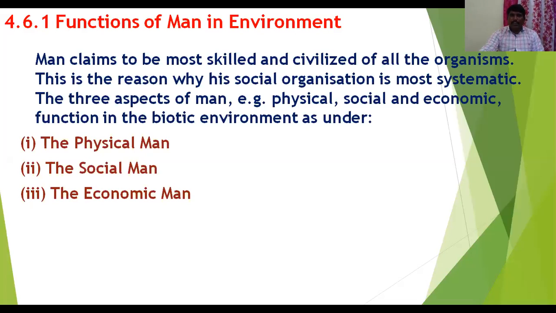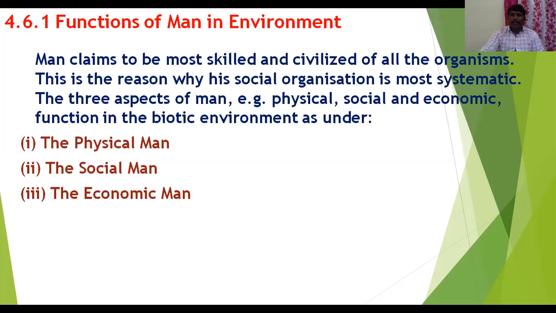There may be the following two situations. A. His exploitative functions may be in harmony with the natural environment. Such functions do not necessarily involve change in the working of the ecosystem. B. These functions may exceed the critical limit.